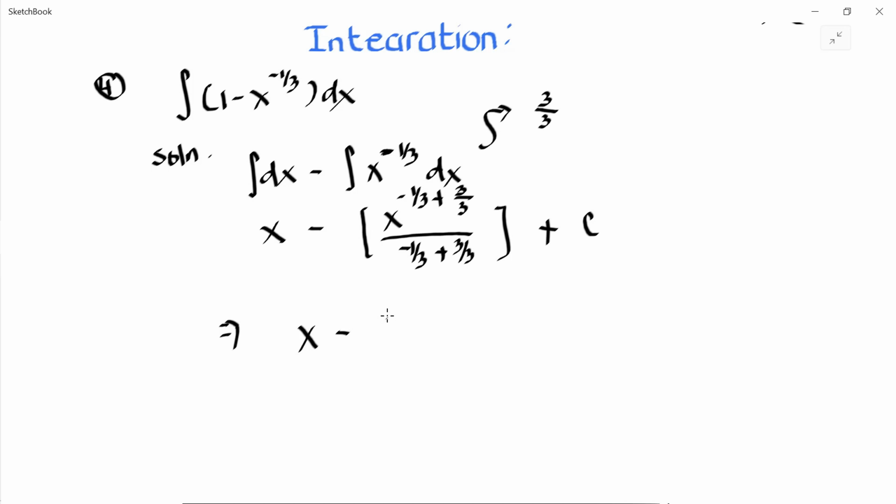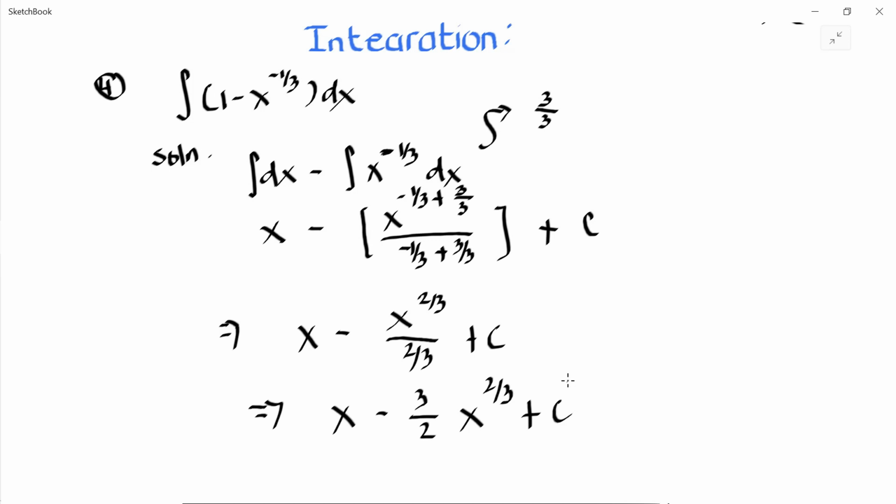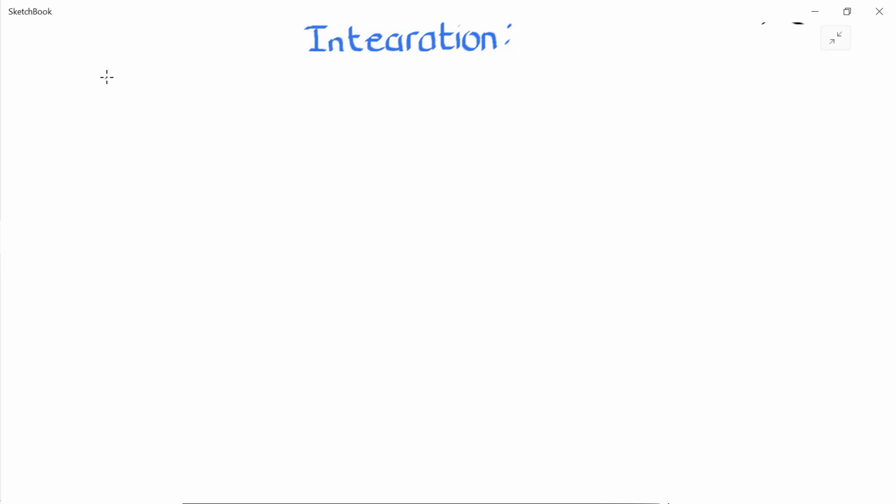Therefore, the answer is x minus, this is 3 minus 1 is 2/3 divided by 2/3 plus c. Therefore, the final answer is x minus 3 over 2 x raised to 2/3 plus some constant c. That is the final answer for example number 4.